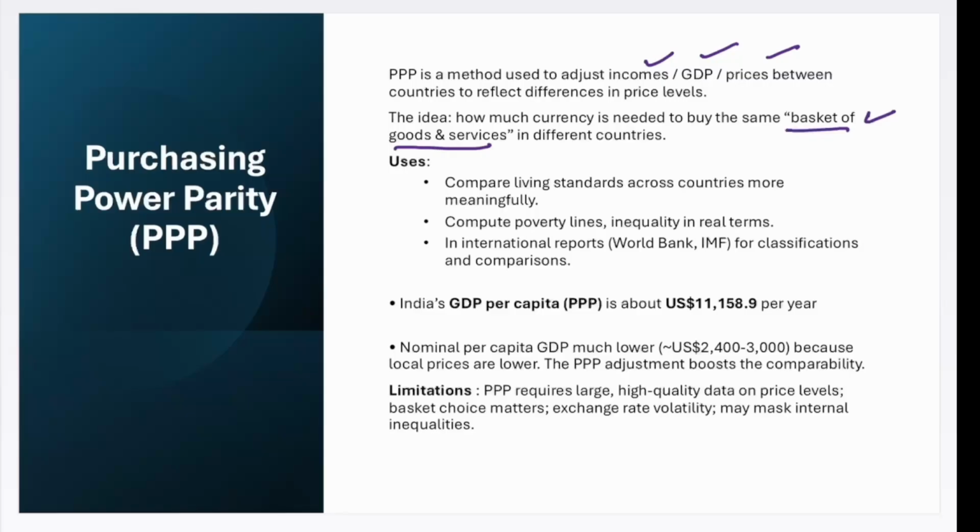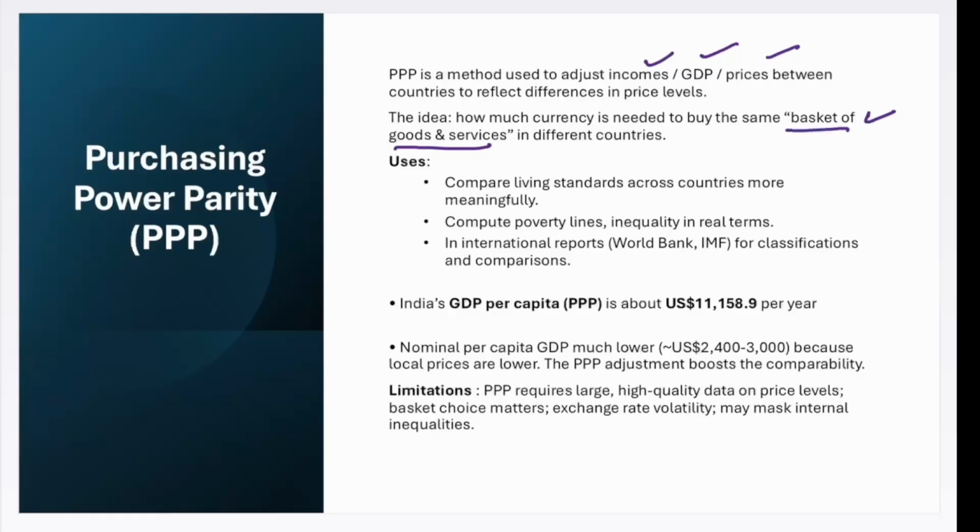So, for example, if you're living in India and you are buying a set of goods and availing some services, and the same set of goods and services are to be availed by an individual living in Canada, what is the cost he's going to incur for that? Because we assume that they are living the same standard. So the living standard is the same.